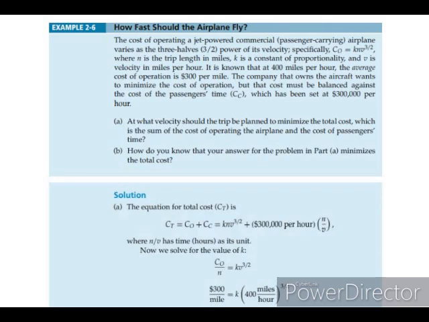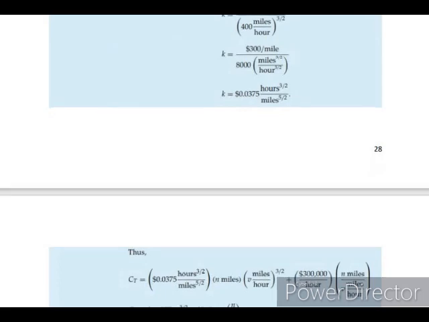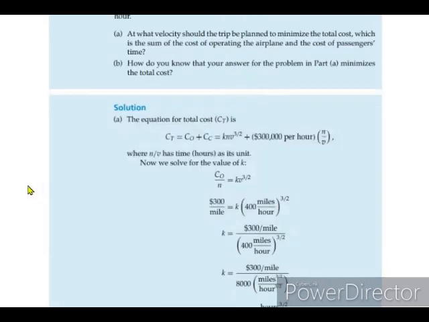So here in letter A, we are going to find the optimal velocity for the trip to be planned. The equation for total cost is of course the summation of the costs mentioned.